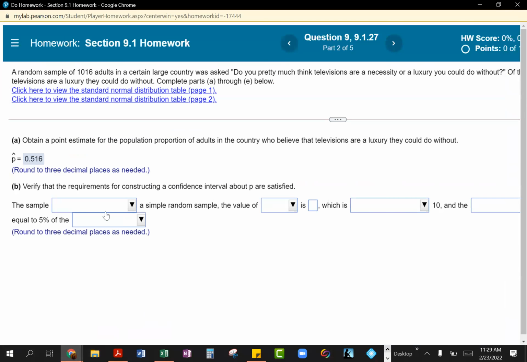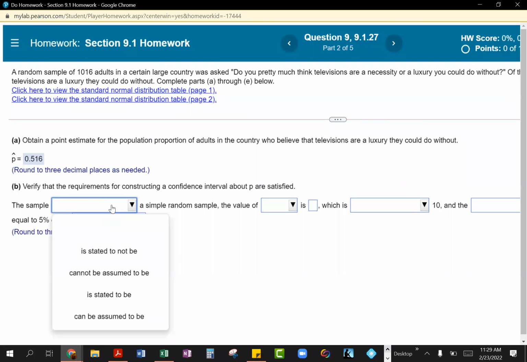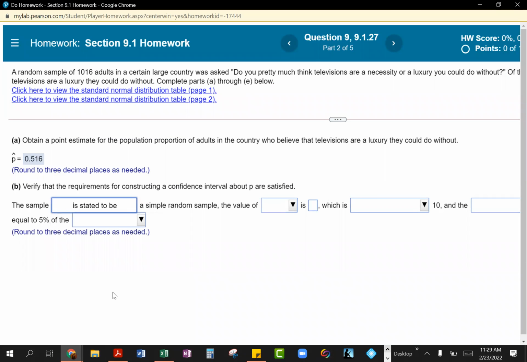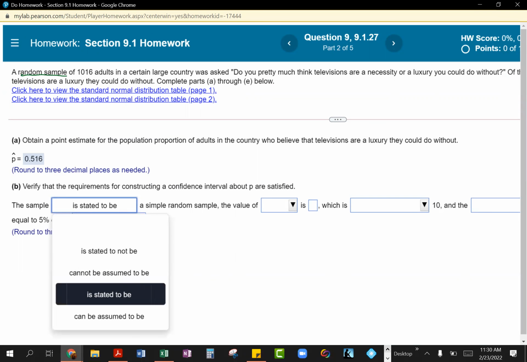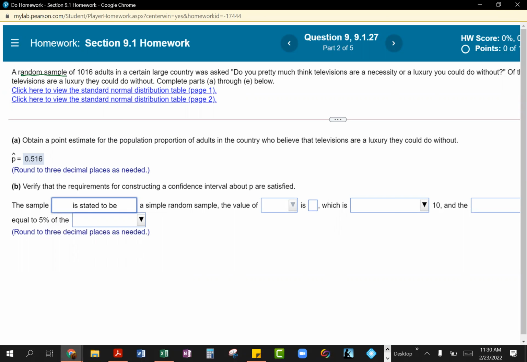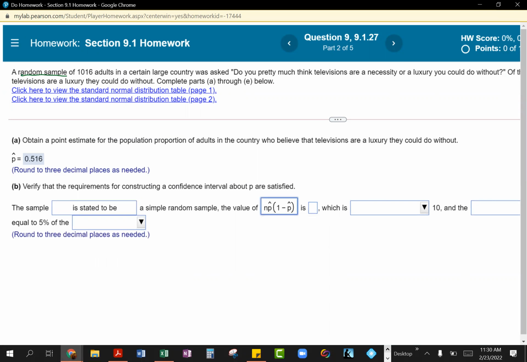So when you start looking at this, we will say the sample is stated to be a random sample because they're telling us this is a random sample. So it's stated instead of assuming, right? That's the option there. Then we will say the value of, and this is where we did this calculation, the n times p hat times 1 minus p hat.